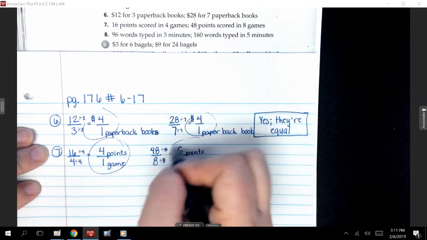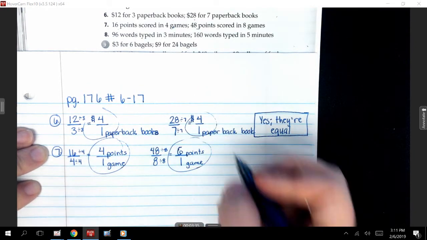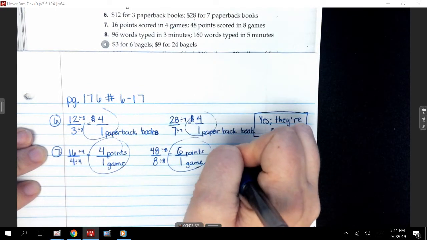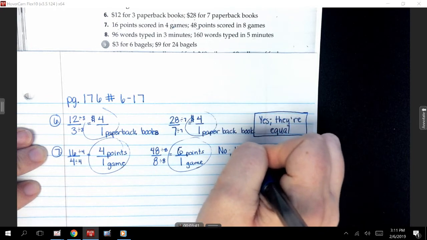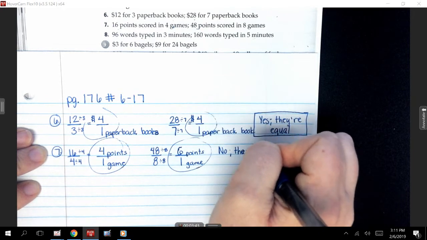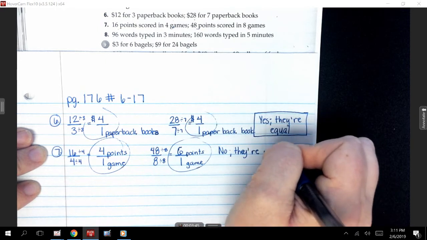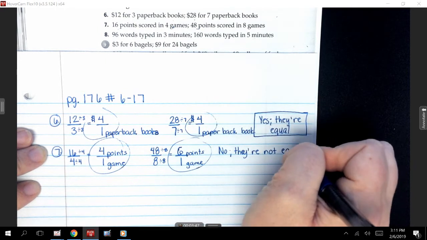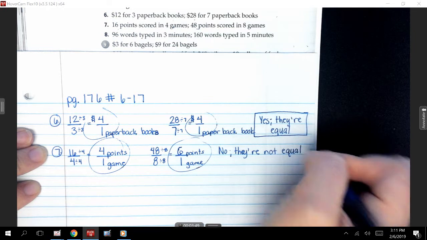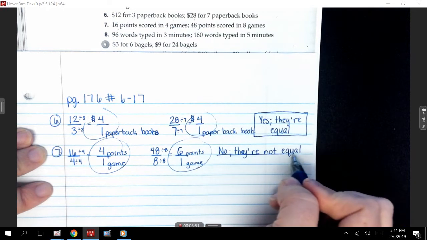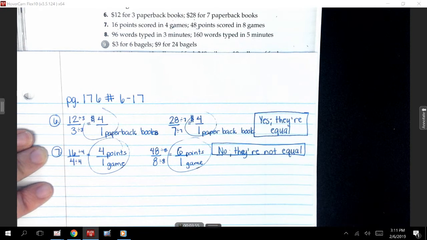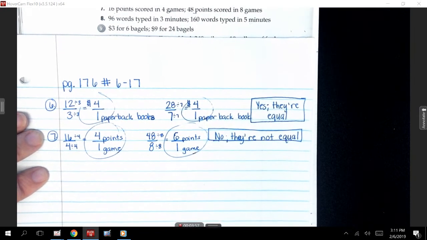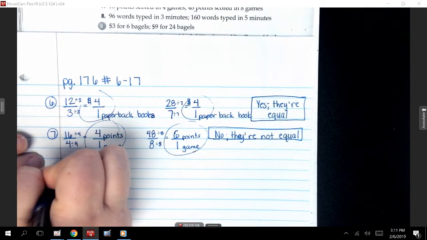So if I look at those two rates, I can see no, they are not equal. And that's what we're trying to write as our answer, having the work to back it up. Right? So now let's look at number 8.